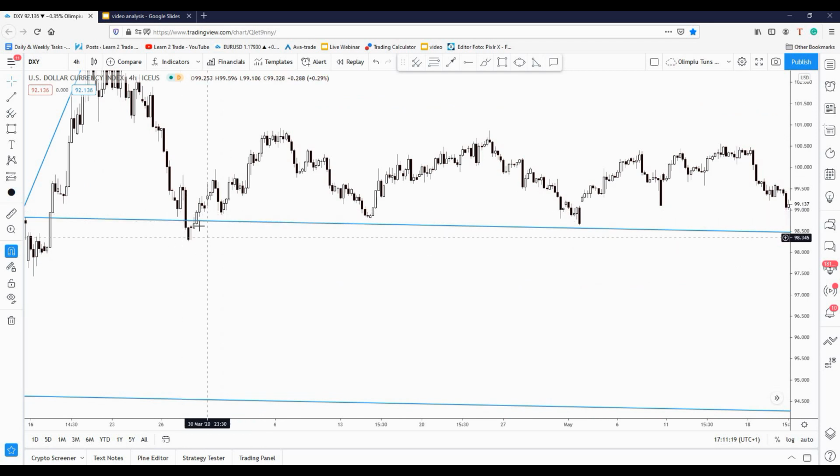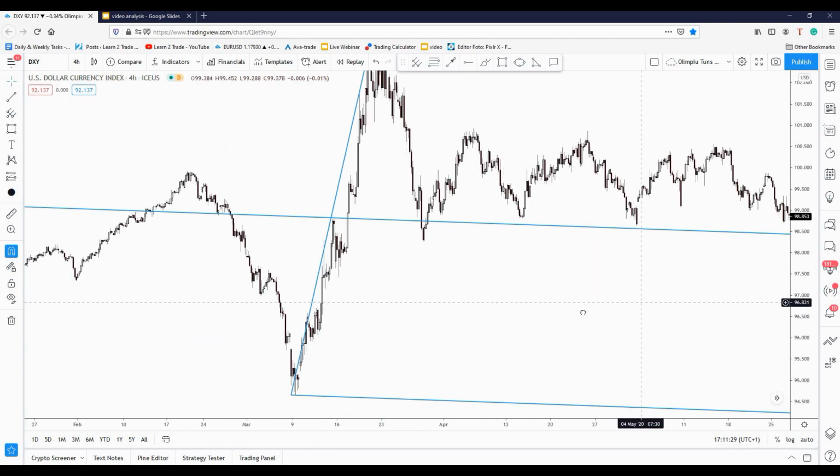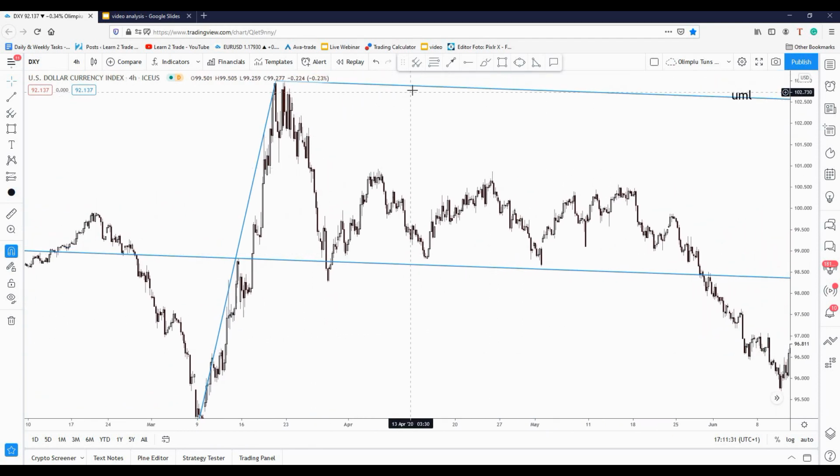Here we had only a false breakdown after this aggressive drop, so it was natural a comeback, a rebound. The price failed to come back towards the upper medium line, and every time the price failed to increase towards the upper medium line, it has decreased again towards the medium line.